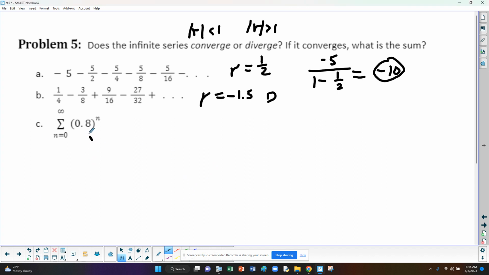And lastly, we've got a converge, because your r is less than 1. Here your first term is 1. It's hidden, it's not shown there, but then you'd have 1 minus 0.8. So basically you're dividing 1 by 0.2, and you'd get 5. So there's your max sum of all those geometric terms.